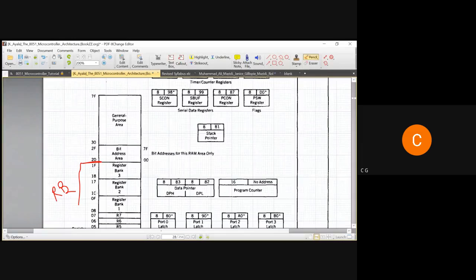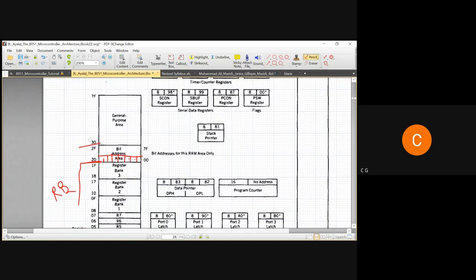Then there is a bit address area up to 2F. What is bit addressing? We can modify an individual bit. In this horizontal section, address 20 will have 8 sections: 1, 2, 3, 4, 5, 6, 7, 8.